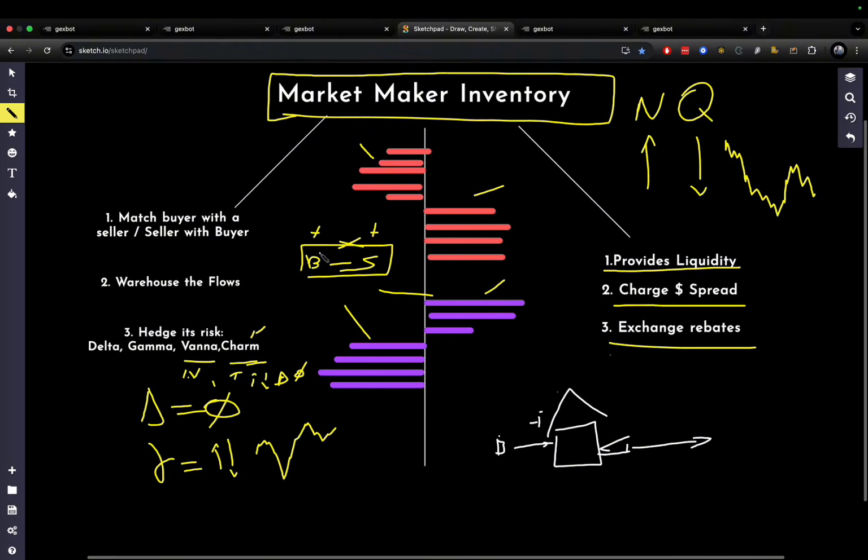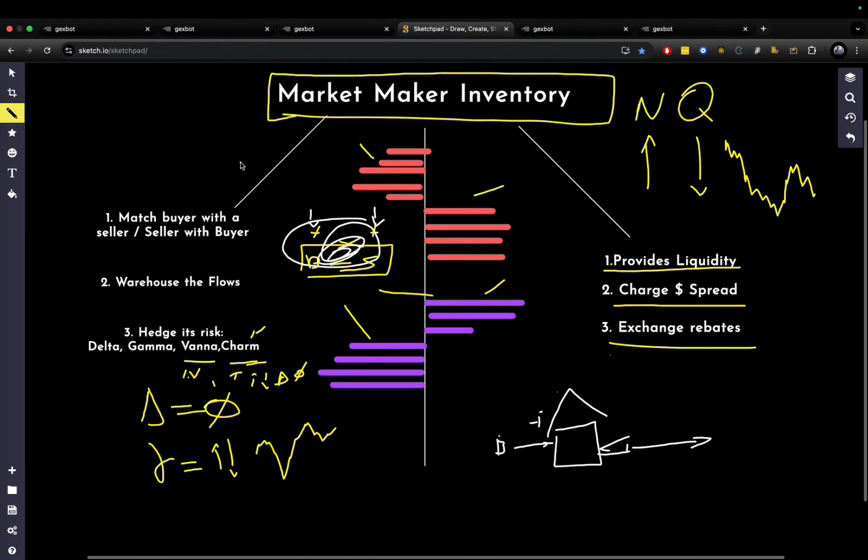If there is a buyer of an option and the market maker matches it with a seller, it's fantastic for him. Where did he make his money? He made his money when he charged a spread. He charged a spread to the buyer, he charged a spread to the seller, right? And he also gets some money from the exchange rebates. But most of the time, this doesn't happen.